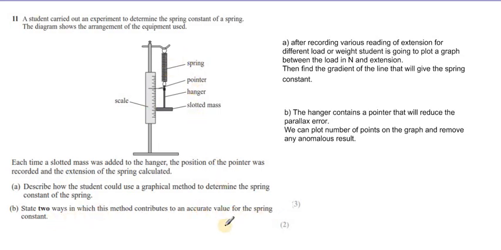Yes, it is a good experiment because we are using a pointer, and the pointer will reduce the parallax error. And of course, we are using a graphical method, so we can take a number of readings and we can remove any anomalous result in order to reduce the error in our result. So this is how you write for B.